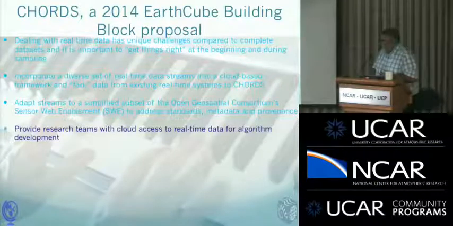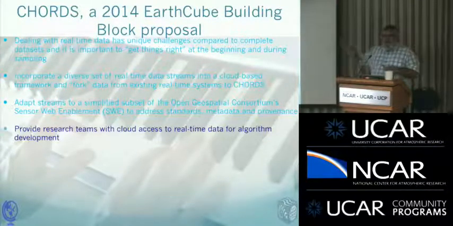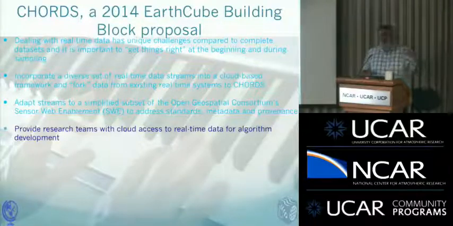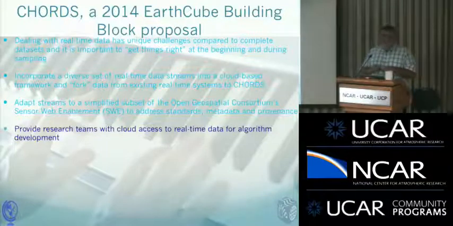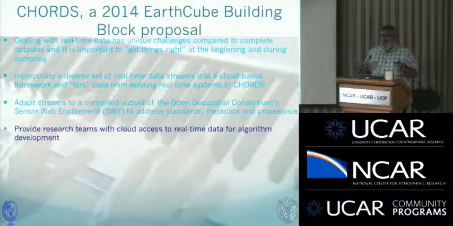And then one thing that we hear from our scientists here is they would like to get access to our real-time streams to actually do algorithms, compute, let's say, the next trajectory of an aircraft or where to send the vehicles that are chasing storms. And so the scientist community would want access to the real-time data in order to connect those to their own algorithms.